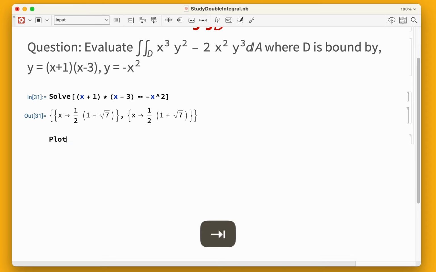We'll use the Plot function, and we'll have to provide the two functions of y that we have above. So we'll write x plus 1 multiplied by x minus 3, and the other equation says y equals minus x square, so we will also put that.